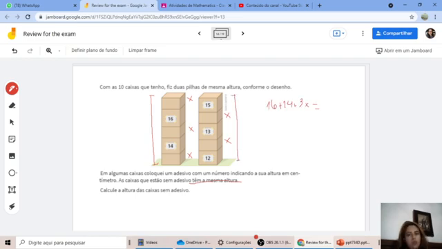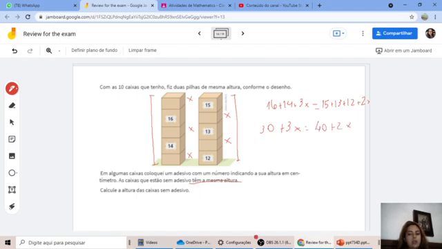So 15 plus 13 plus 12 plus 2x, right? 16 plus 14, 30, plus 3x equals 13 plus 12, 25. 25 plus 15, right? 40 plus 2x.